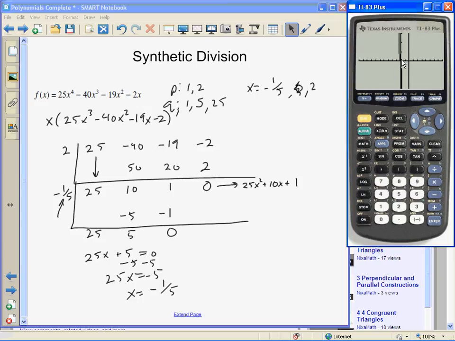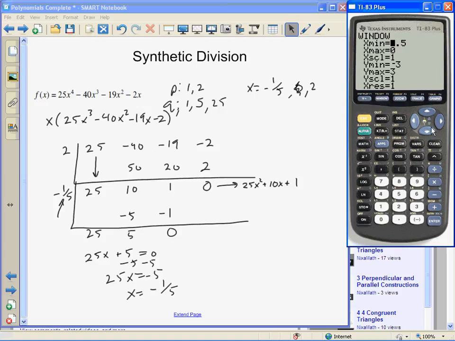So let's look back at my graph again. I'm going to zoom in on that -1/5 here. So I'm going to change my window so I don't have so many x's. I just want to go from -0.5 up to 0. Okay, so if you see, it's kind of hard to see.